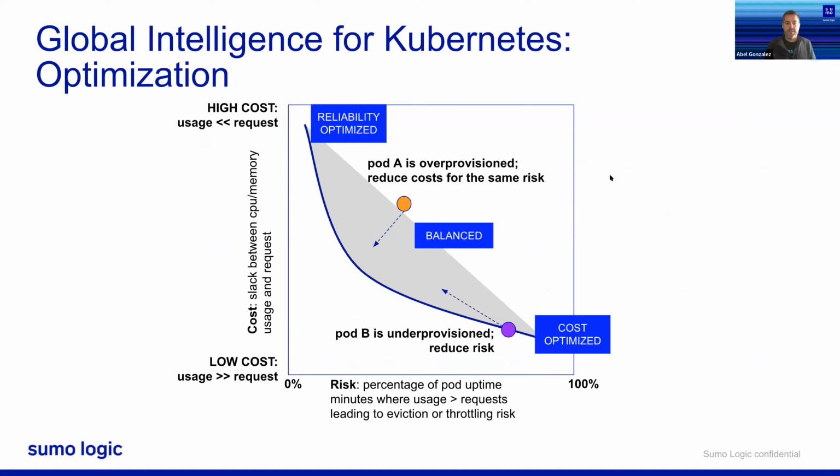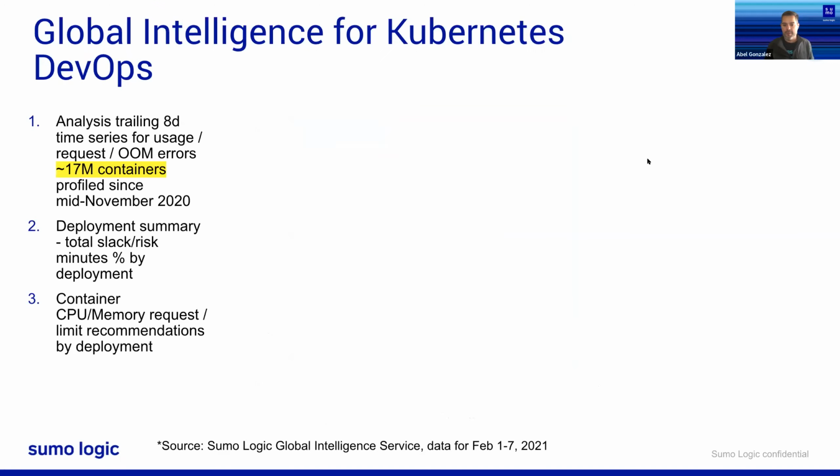So what we've done is look at how historically your pods in your application are behaving, and then extrapolate based on all of the other deployments that we had what it would look like if you optimize for reliability, optimize for cost, or have a balanced deployment.